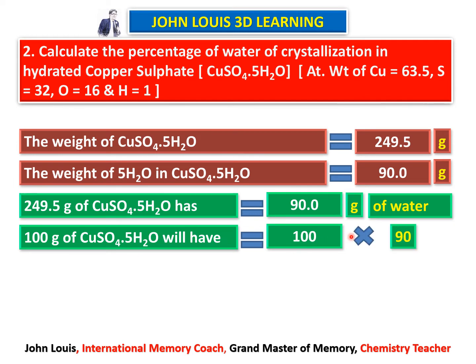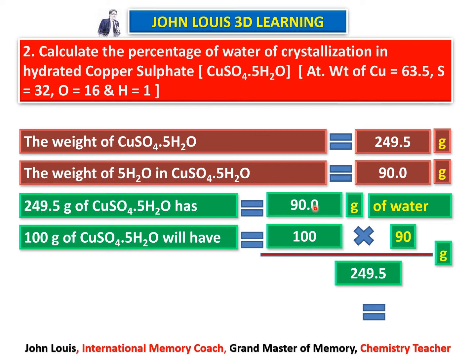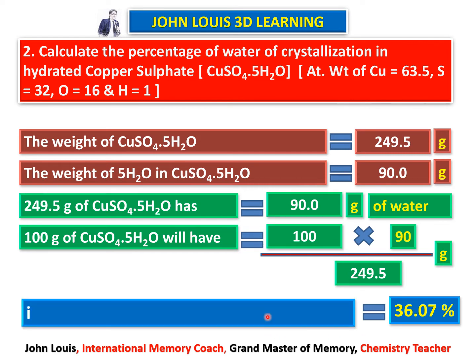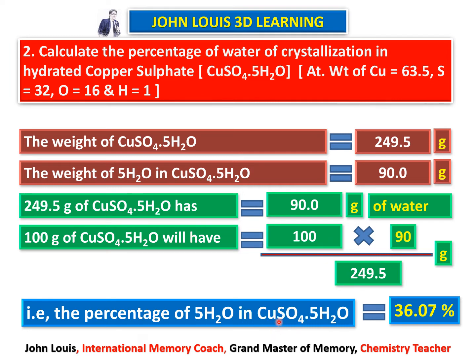If you do this calculation, you will get 36.07. This is the percentage of water present in CuSO4·5H2O. So the percentage of 5H2O in CuSO4·5H2O is 36.07%. Hope you understood this.